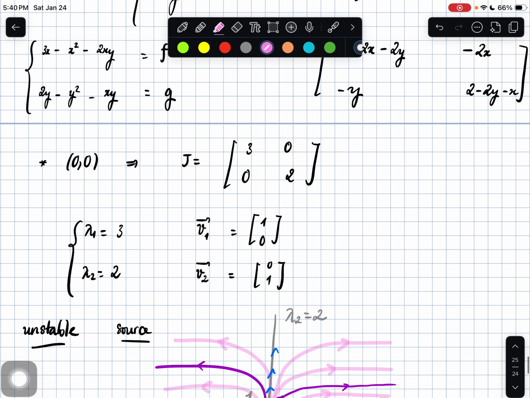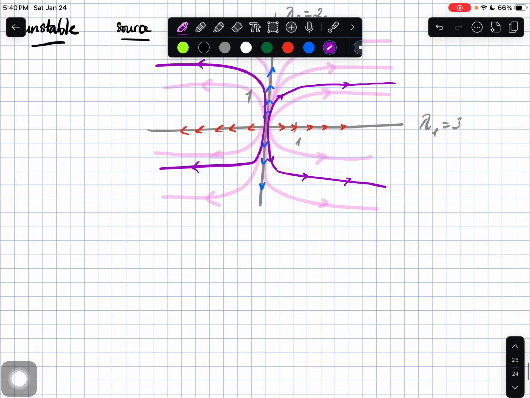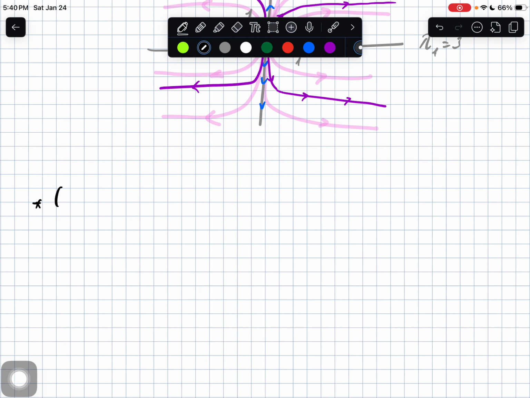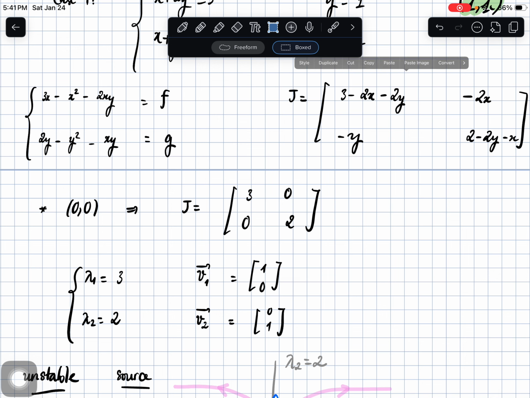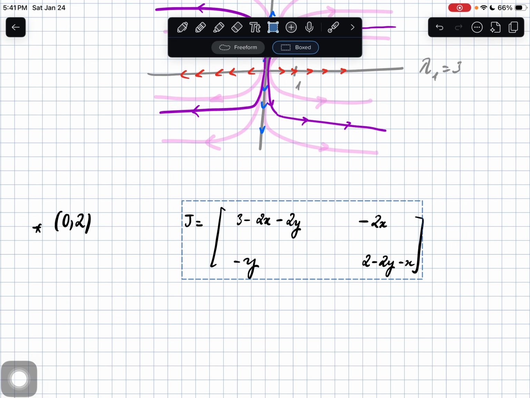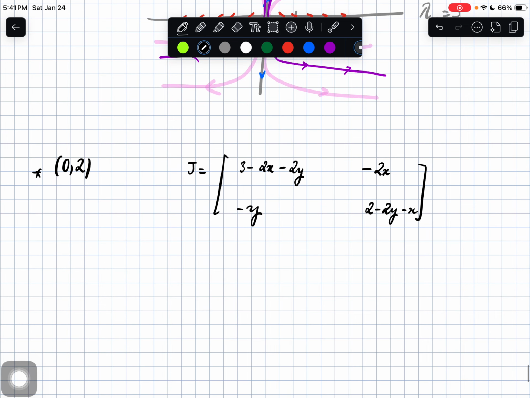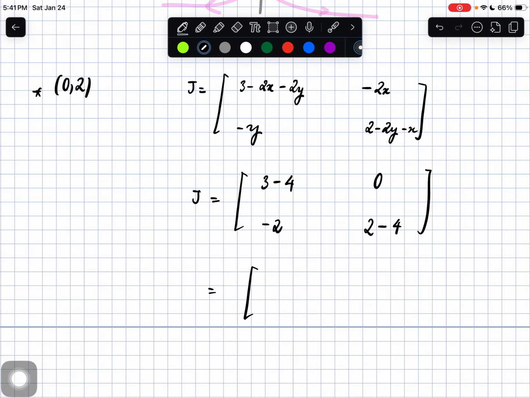The second case, we have the critical point (0, 2). The Jacobian matrix now: we have 3 - 0 - 4, -0, -2, and 2 - 4 - 0, which gives -1, 0, -2, -2.